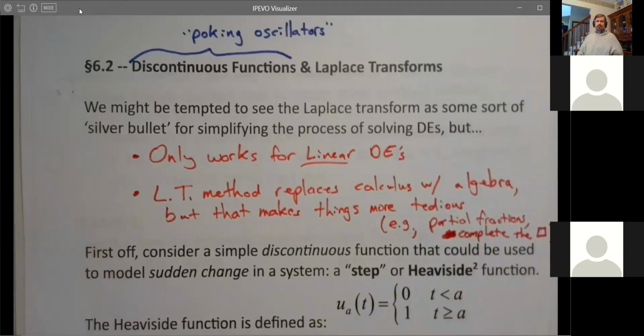Things that you learned maybe a long time ago and put on a shelf, like, I'm never going to need to know that. Well, if you're using the Laplace transform method, you do, because it's a lot of algebra.